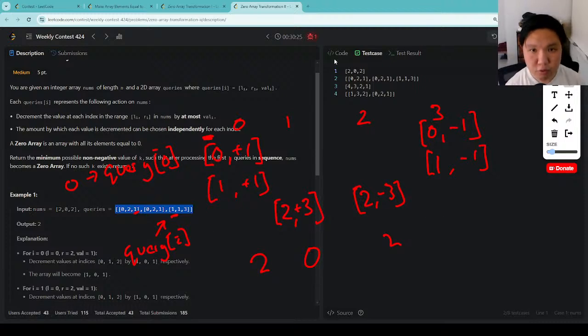I feel like LeetCode is more stingy with their test cases these days. It used to be that they'll give you a lot of test cases, and if you run the test case and it is correct, then your program should work.